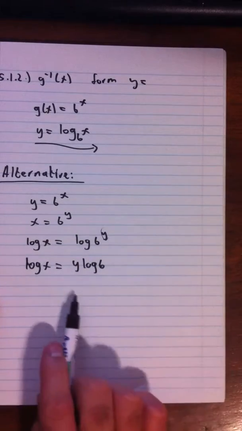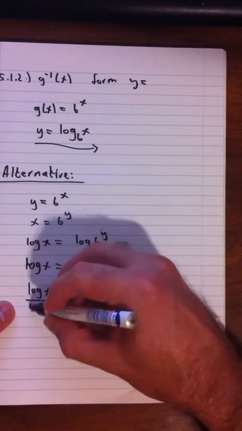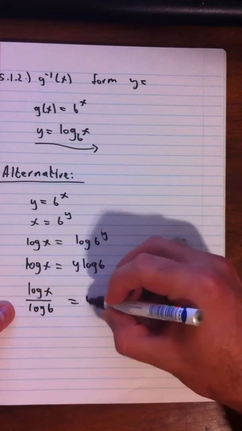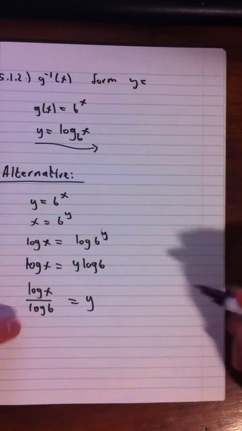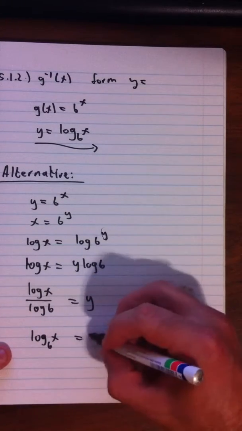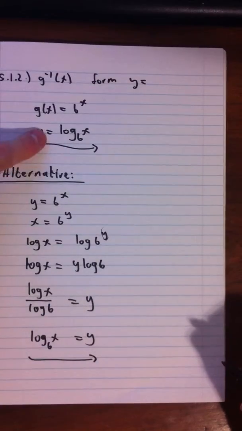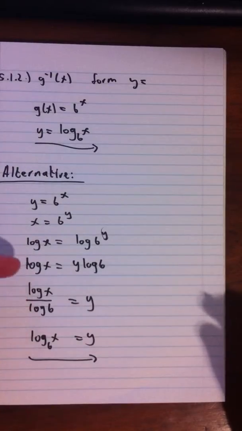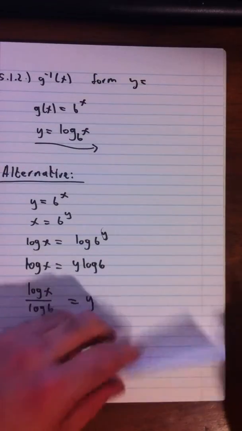Now we want y by itself, so we'll divide both sides by log 6. So log x divided by log 6 equals y, and that is exactly log x base 6, which equals y. This is the alternative, slightly longer method to get to that same answer. It's a safe way because you know what you're doing, whereas the other way you've probably just memorized how to get there. But it is quicker, so whichever way you prefer is fine.